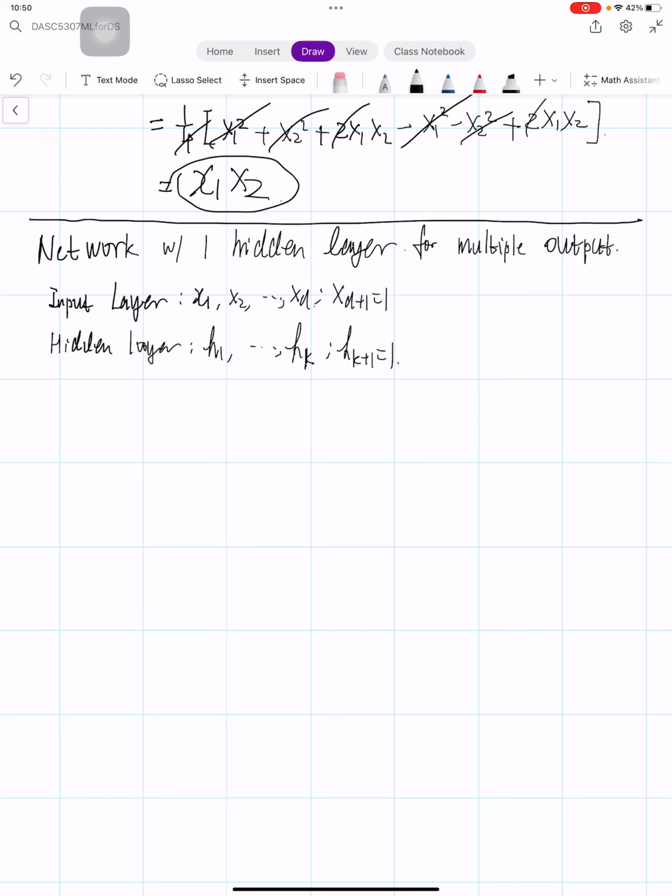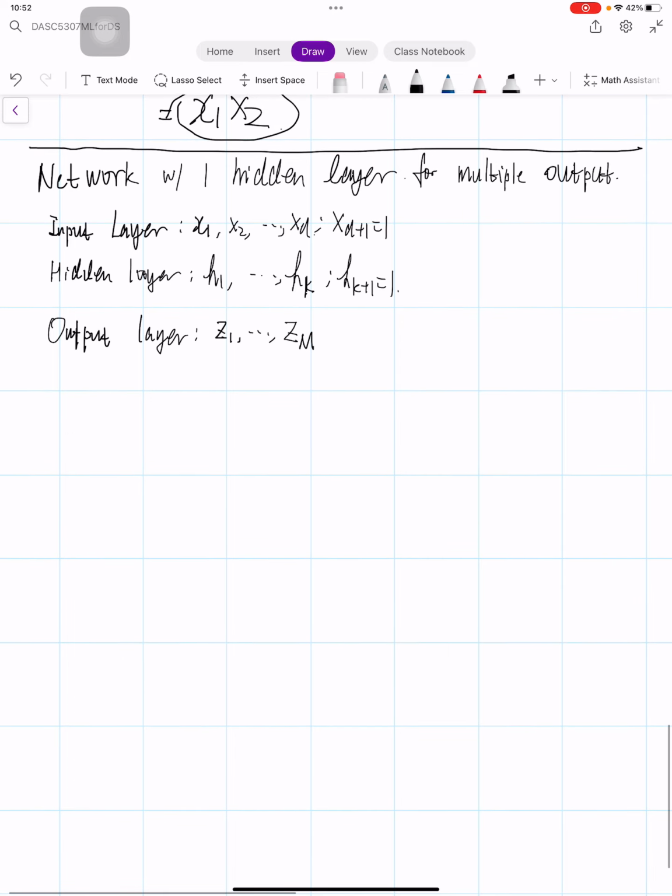And one output layer, so it's z1 and so on. Let's use the index big L, maybe let's follow the textbook's notation. Suppose we have capital M outputs.